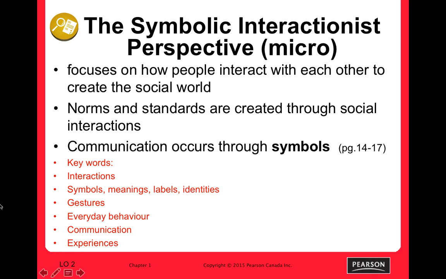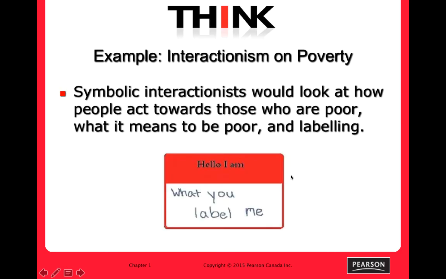Some of the key words are going to be things like interactions, symbols, meanings, labels, identities, gestures, everyday behavior, communication, experiences, all of these things that occur on an everyday level are part of symbolic interactionism.